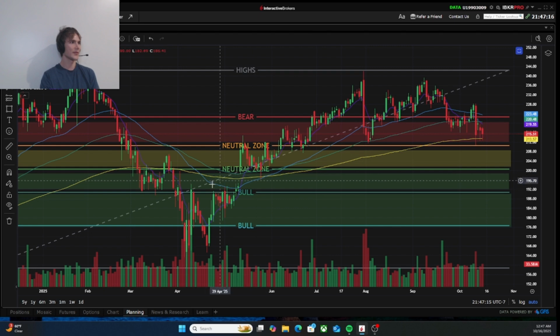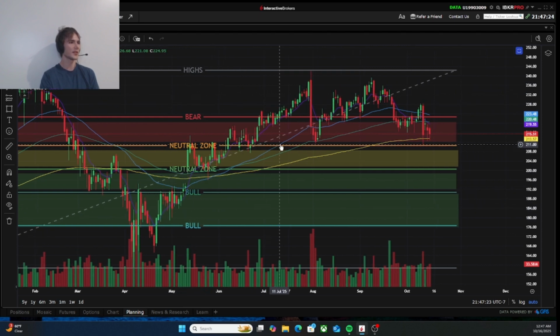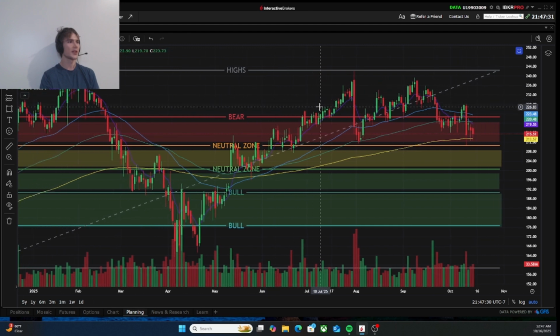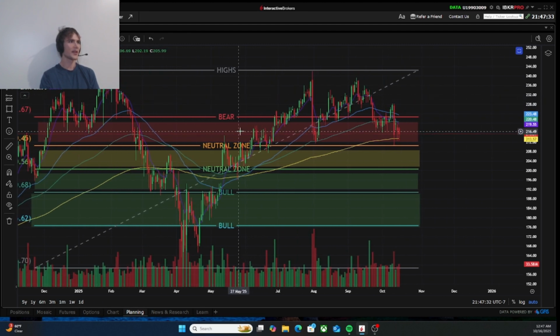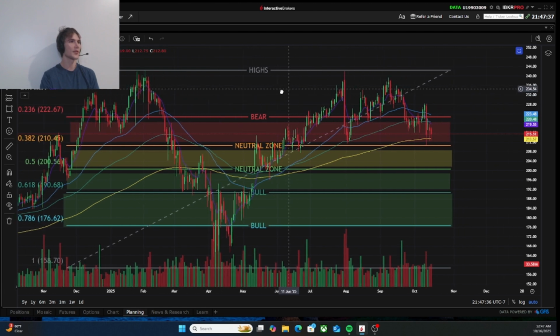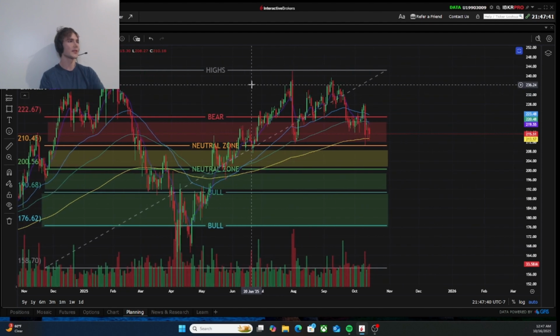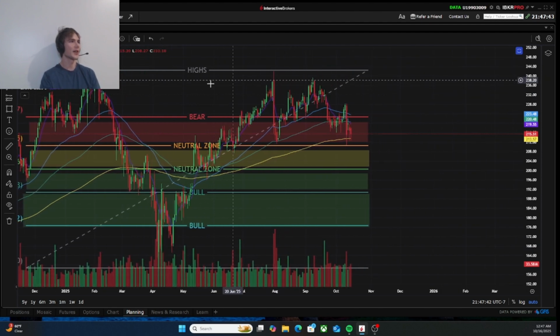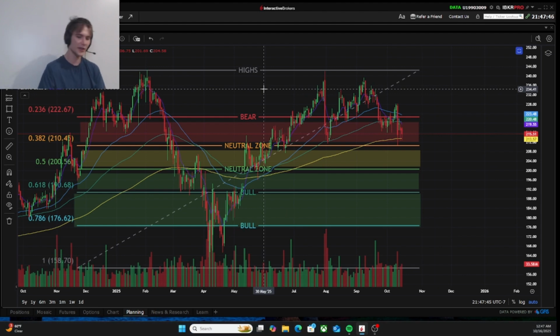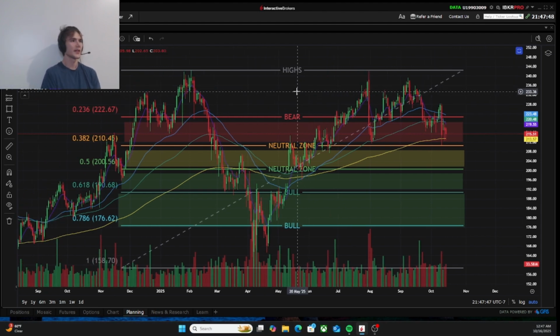To get through two levels here was less than a month long, and to get through these two levels here was roughly 3 months long. But breaking the resistance zone of the 236 is a very big testament to getting into all-time highs.